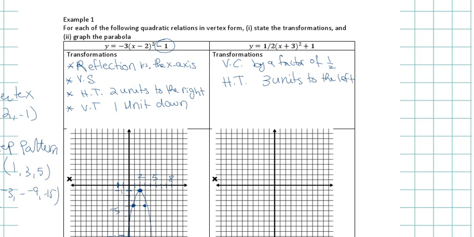Okay, next. The 1 causes a vertical translation, 1 unit up. Perfect. Now, vertex is negative 3, 1.